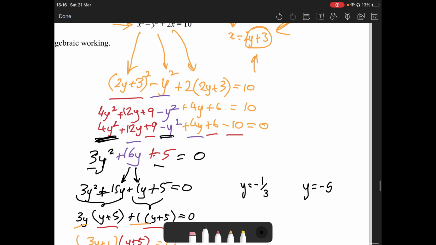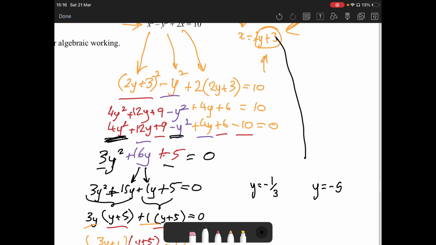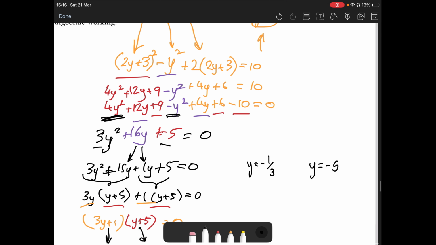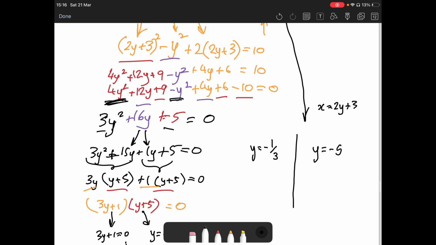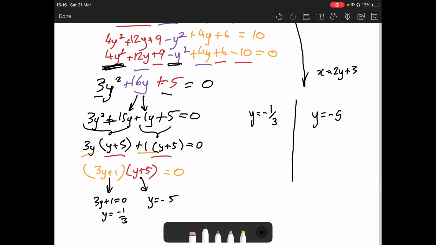But we also remember that for this equation is going to be really useful because we also have to work out x. And there'll be two separate versions of x we need to calculate depending on which value of y we're going to do. So when y is minus 1/3, x would be 2 lots of that. So 2 lots of y.